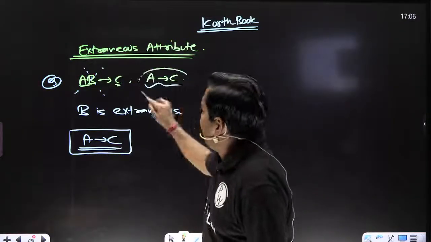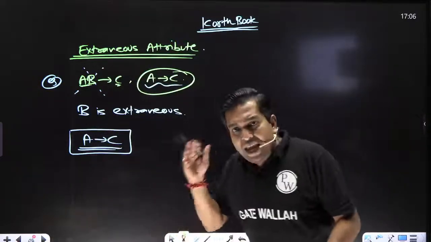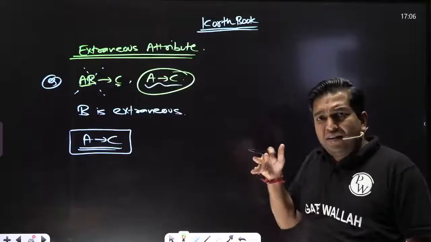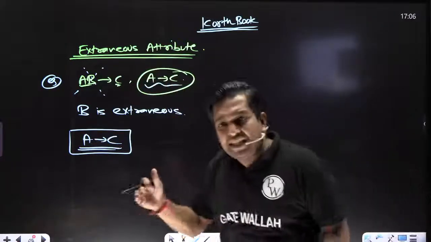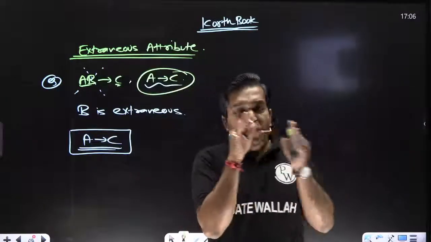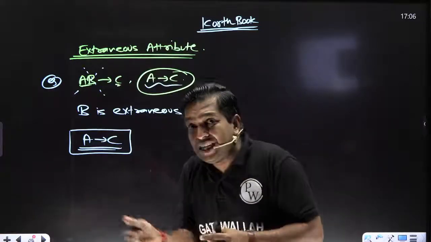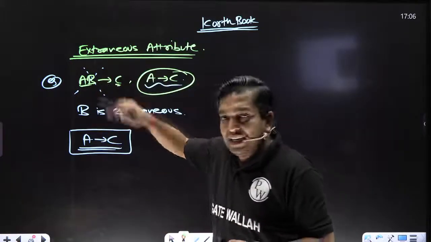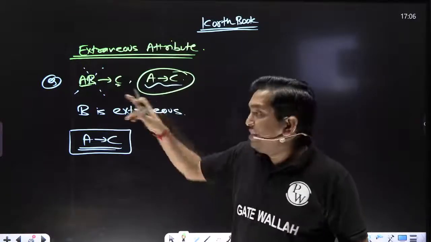Try to understand in the simplest form. A and B doing one work means AB determines C. B is extra if from A we are getting C. And A is extra if from B we are getting C. This is the meaning here.